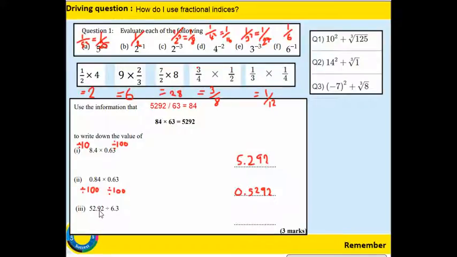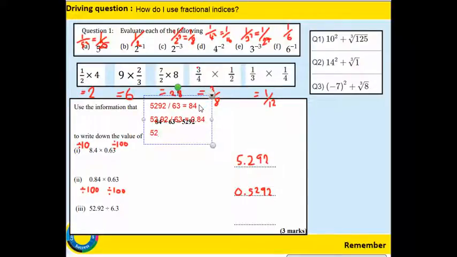Okay, except I've got 52.92 divided by 6.3. Well, let's say that if I had changed this, 52.92 divided by 63, if the number I'm dividing is 100 times smaller, then the answer is going to be 100 times smaller.